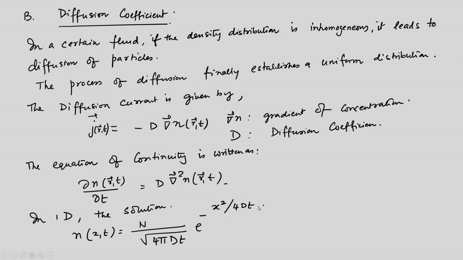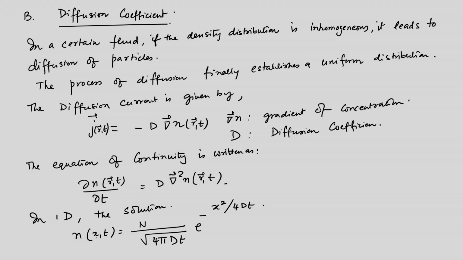From your experience you know that n as a function of x has a Gaussian form, which means that it goes as exponential minus alpha x square. However, with t it is slightly more complicated, because there is an envelope, or rather a coefficient which has the form 1 by root over t, and then exponential minus, say, alpha square over t.